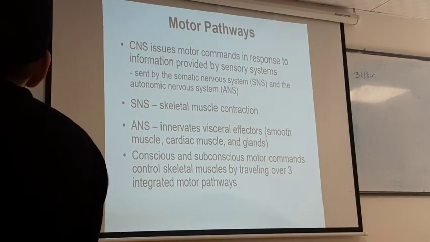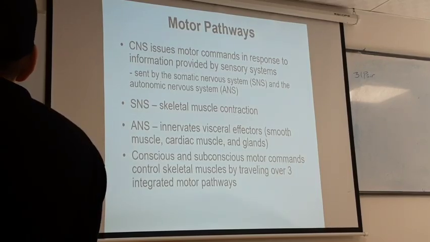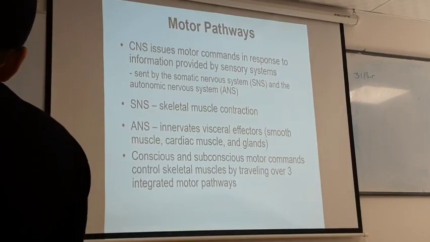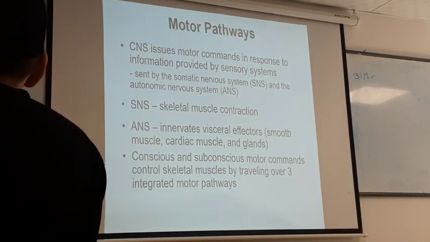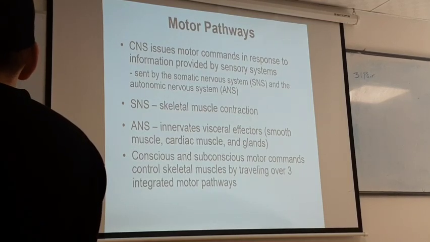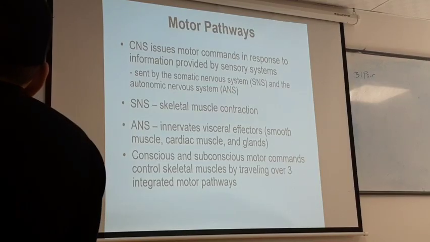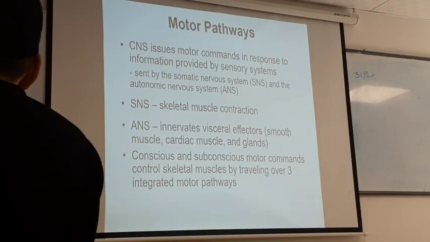This is a parasympathetic function. It is produced by these regions: the parotid gland, submandibular gland, sublingual gland. Three glands for producing saliva. This is controlled by parasympathetic, like the ingestion in the stomach.